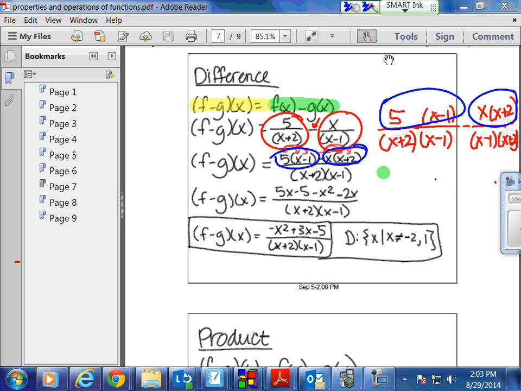And since you have different sign changes with somewhat of the same type of variables in place, your equation is going to result in a slightly different type of equation, which is going to be here. Now, very important, you can't forget the domain restrictions that were in place. The domain restrictions for this equation are these: x such that x does not equal -2 or 1. Okay, fantastic.